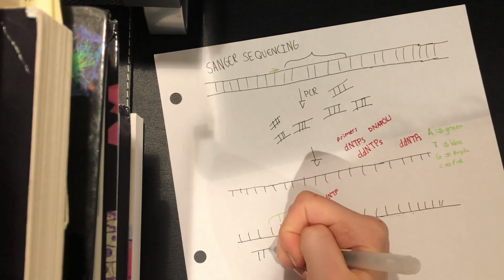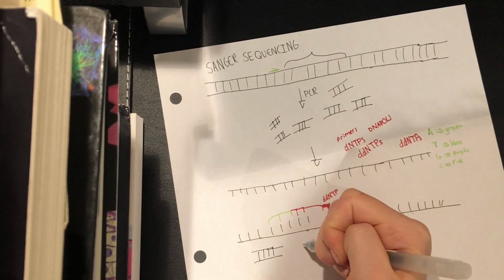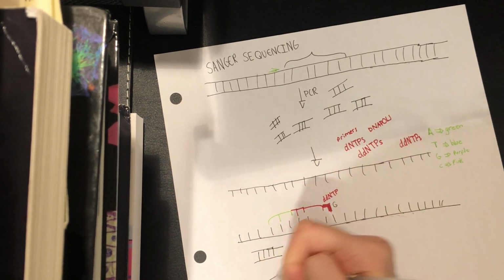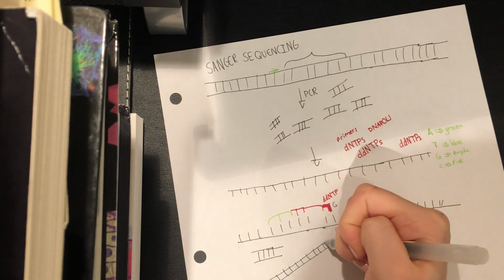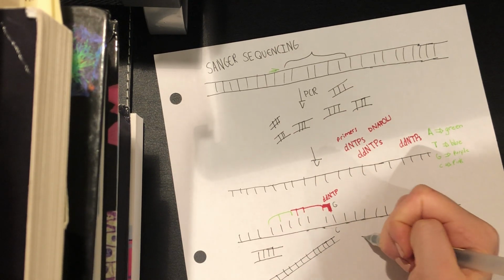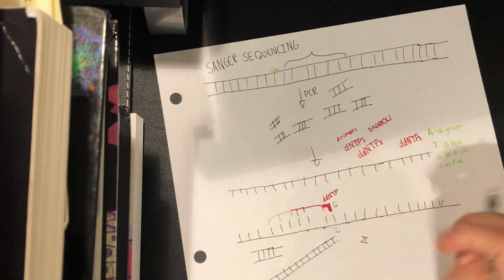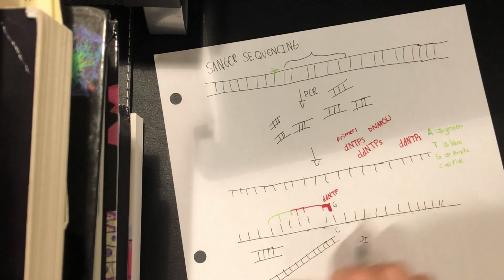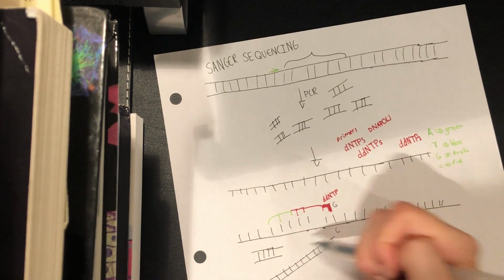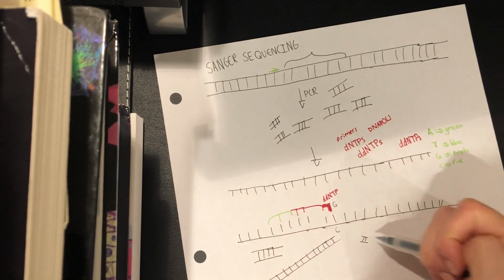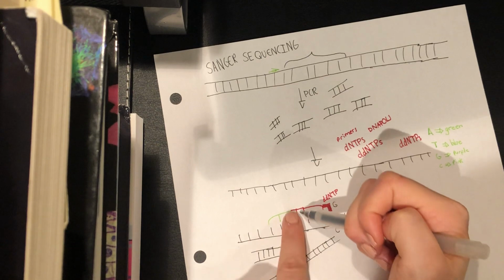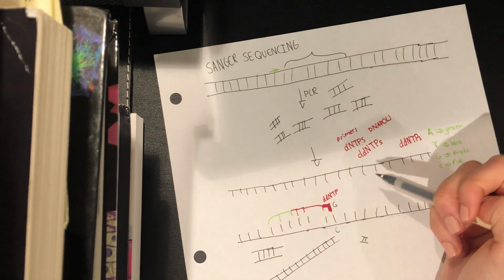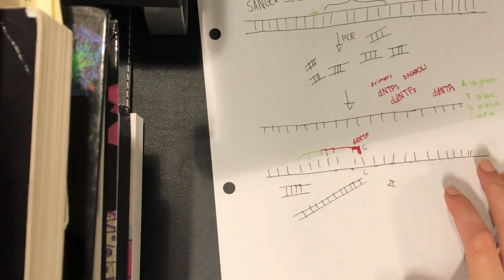So what you end up having from this process is DNA of different lengths. Some will be much longer than others, again, just depending on where the ddNTP was placed. So you could have 2, then you have 4, and then you have however many. So you're going to have one of these for each of your bases. And that's what you're going to use to actually figure out the sequence.